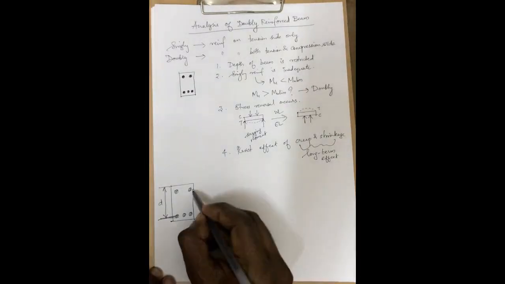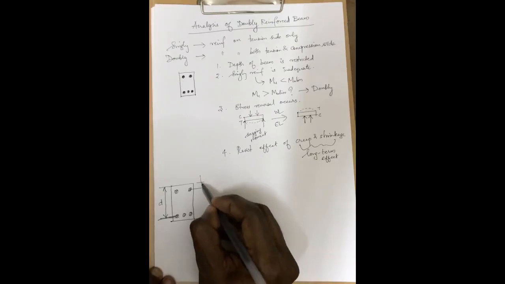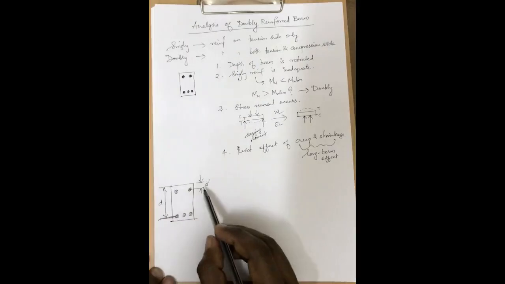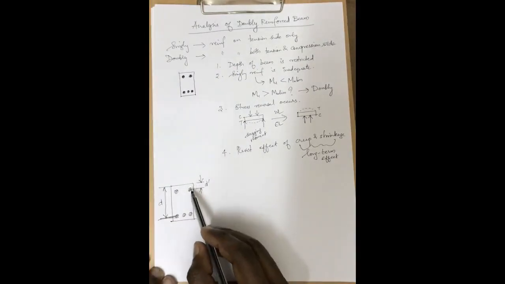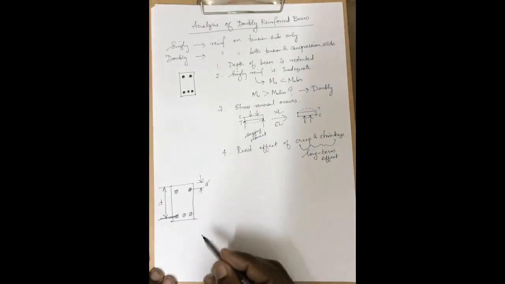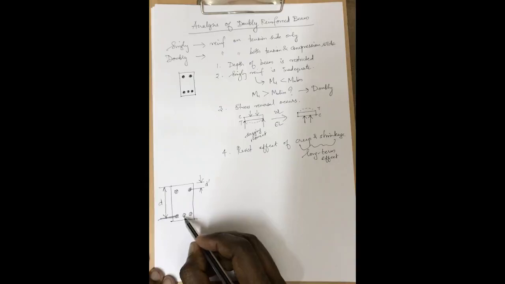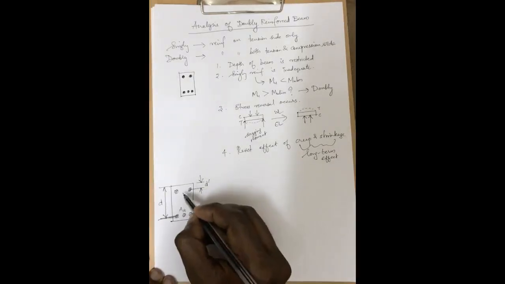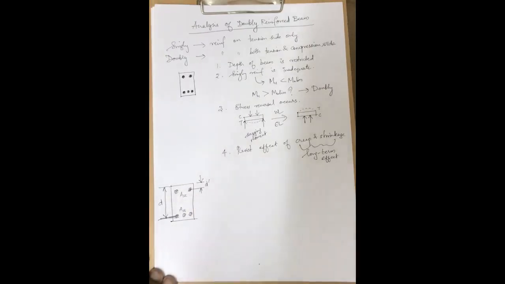Now we define another term, d prime. D prime is the distance measured from the extreme compression fiber to the center of the compression reinforcement layer. The area of steel on the tension side we called Ast. Now we call the area of steel on the compression side Asc.